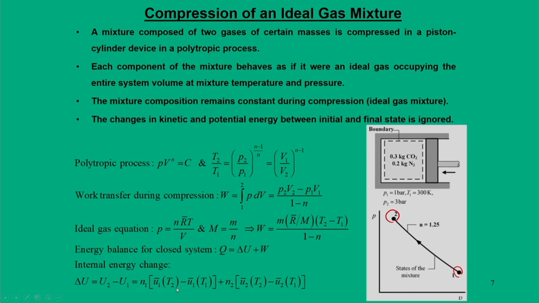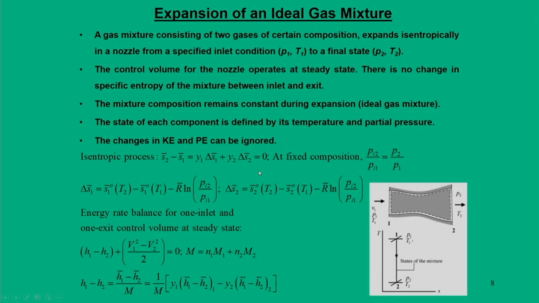This U2 and U1 has to be calculated with respect to state 2 and state 1 by knowing the composition of each individual gas. The next example that we are going to discuss is the expansion of an ideal gas.